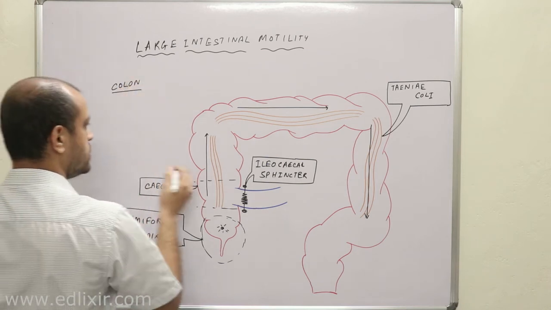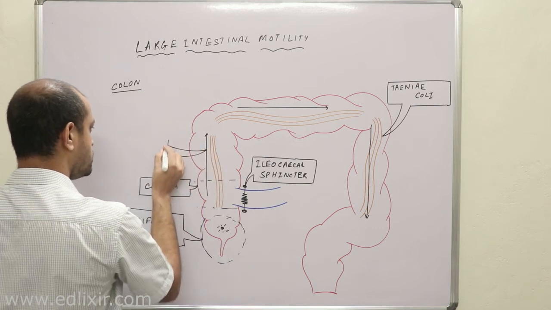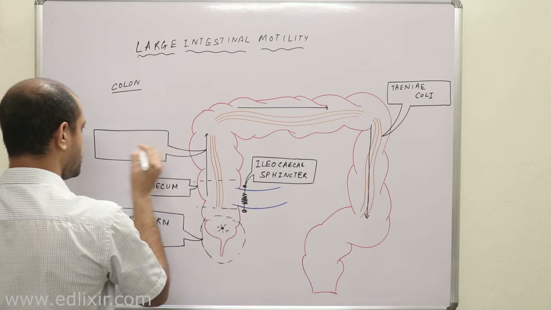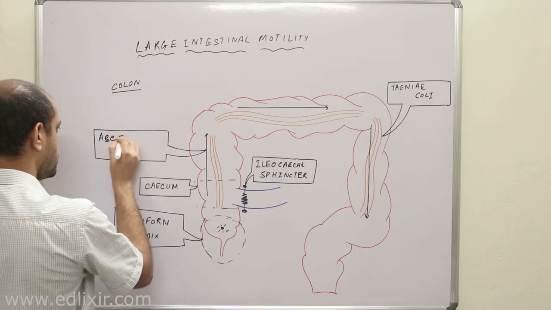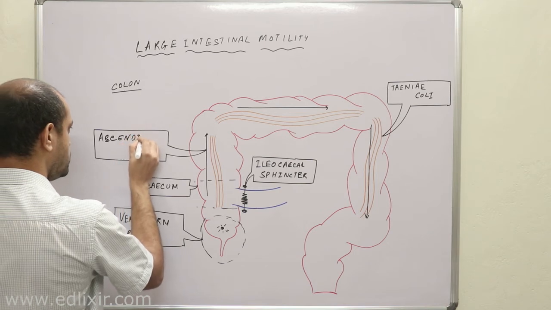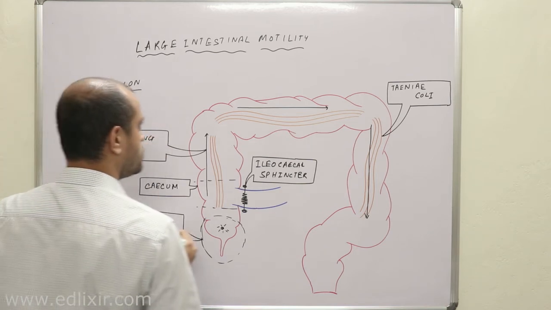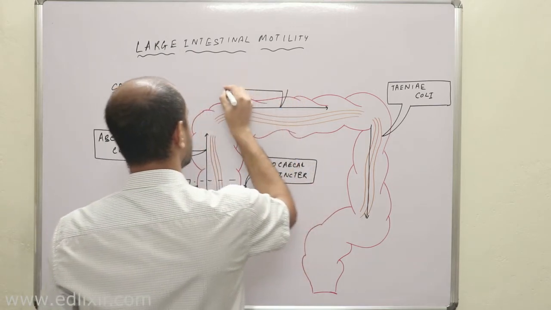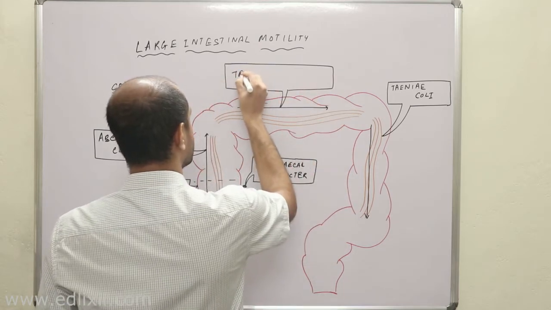Okay, now listen, this is called the ascending colon. Clear? This is called the ascending colon. This is called the transverse colon.